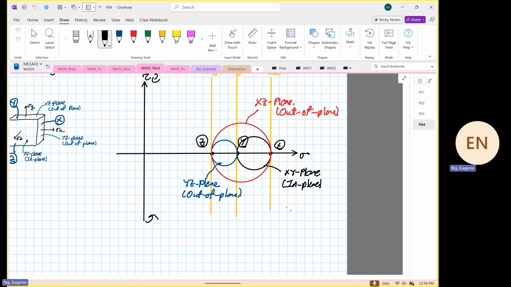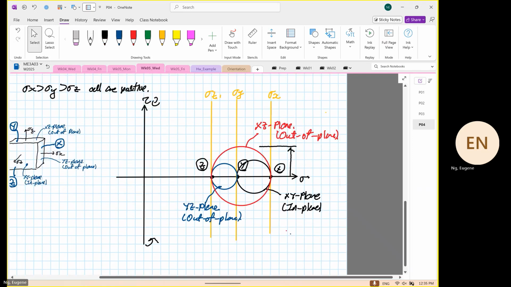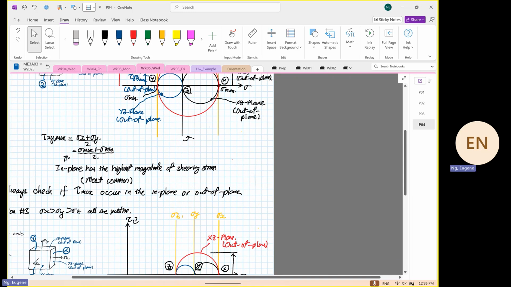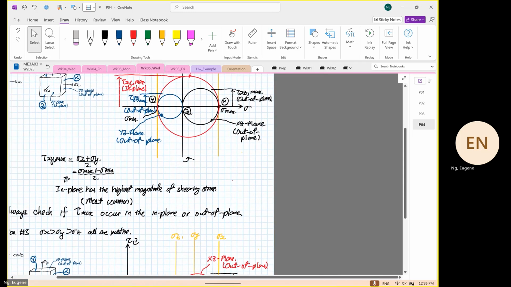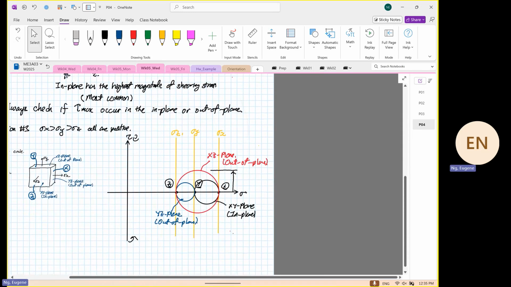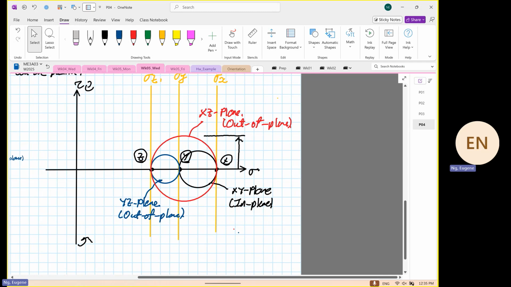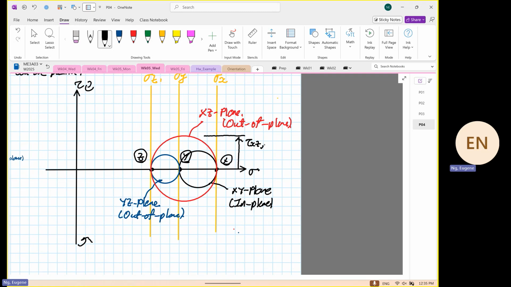So we know from here, how do I label it? I can't remember now. So we have it as shear XZ, okay, is our maximum shear. Okay, that is our shear XZ.